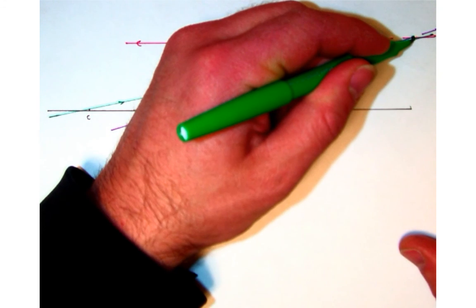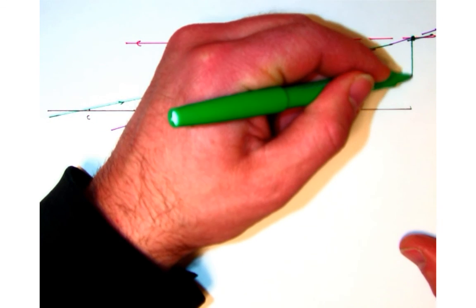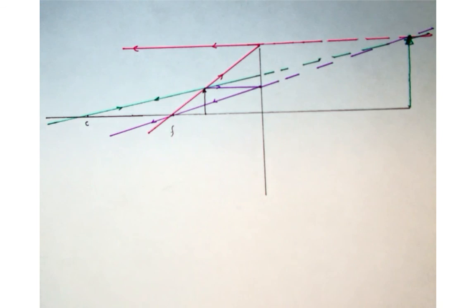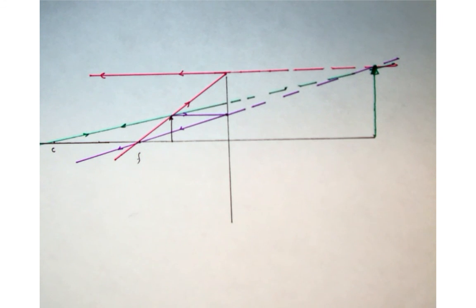Now, again, I extend from that point down to the axis, and this is my image. Now, notice in contrast with the last one, this is upright and it's larger. So I've created a larger image here, but it's on the back side of the mirror.